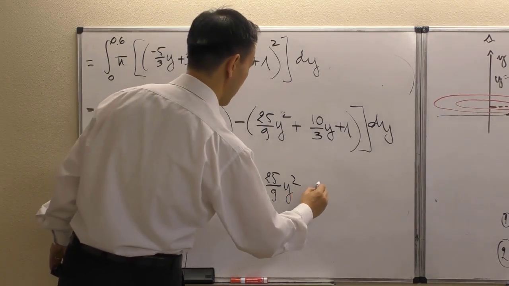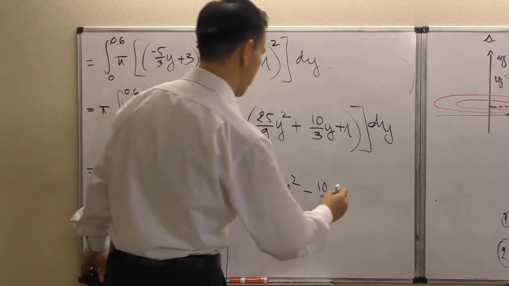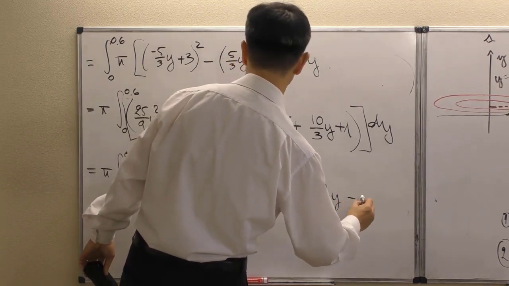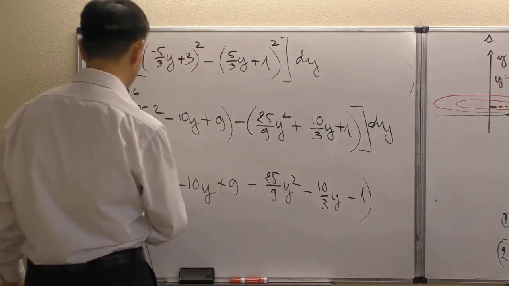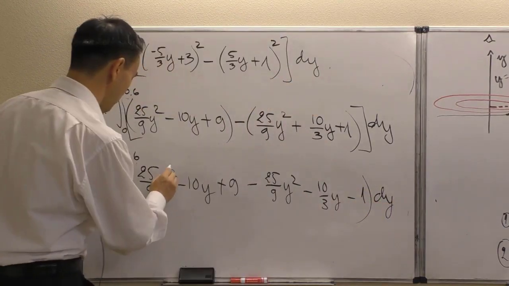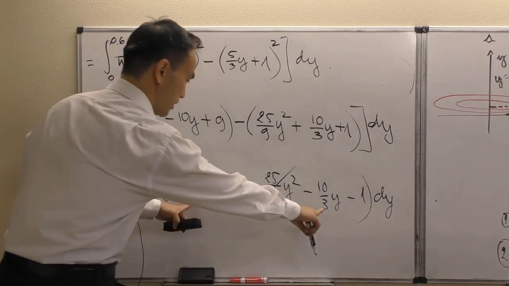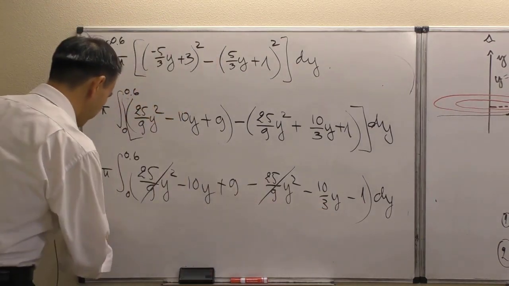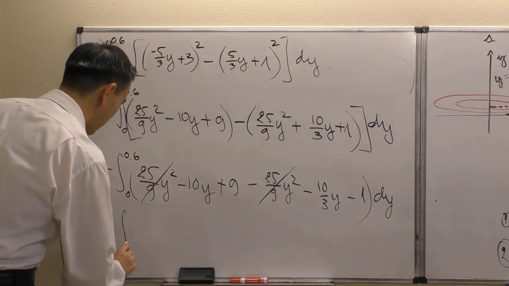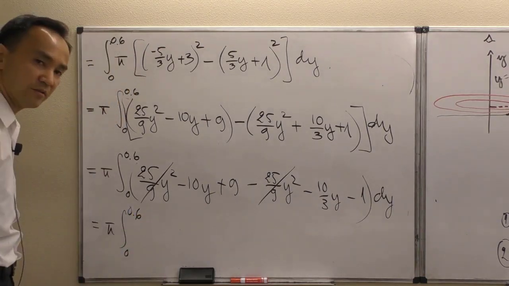Okay, and then I'm subtracting 10/3 y, and I'm subtracting 1. Okay, and then with a dy. And so now my expression here is cancelled, and then the two terms here combine. So we're looking at the final expression here before we're ready for real action, for the fundamental theorem of calculus.